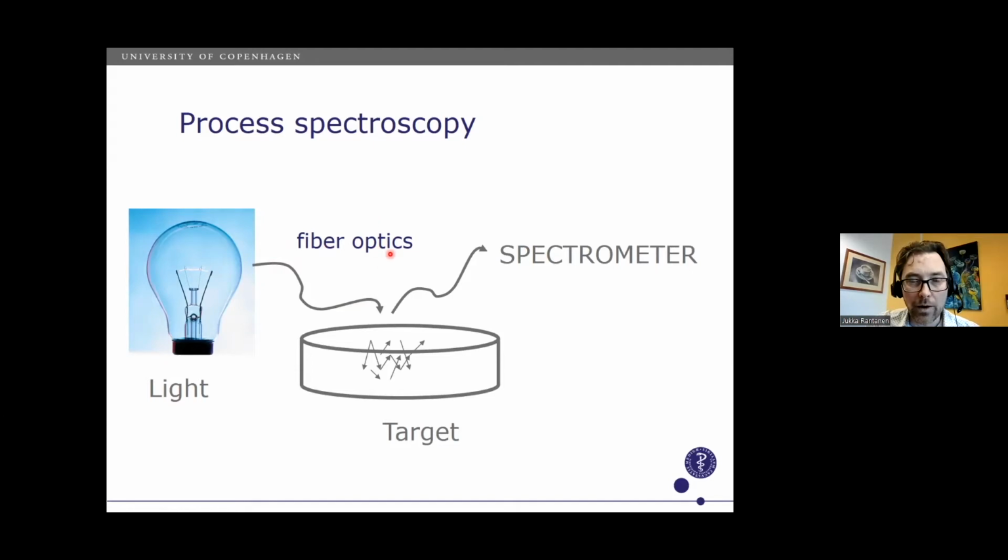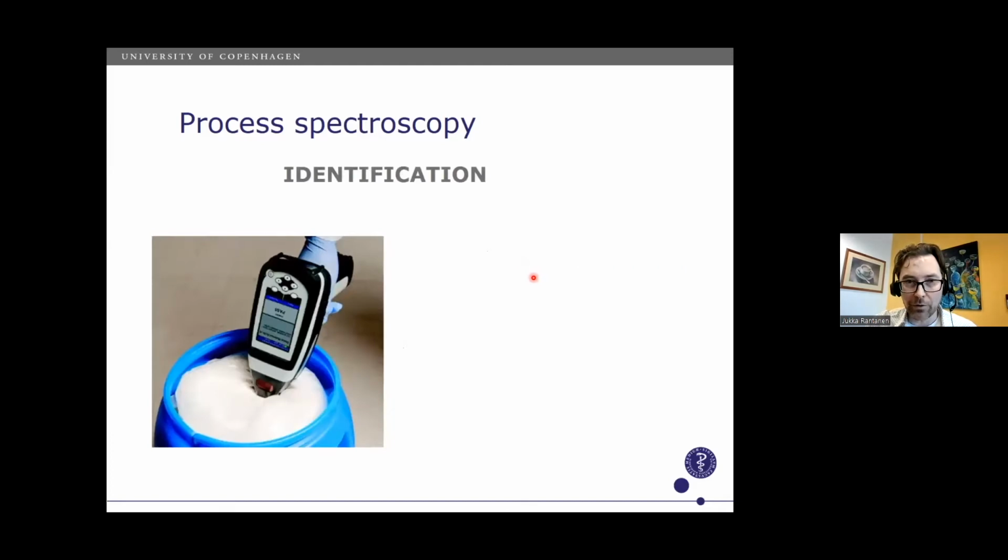When you are doing this, you need to consider the optics at the end of the fiber optic. So you have a spectroscopic probe that is in contact with your material, illuminating the sample, and then you collect the light back to the spectrometer. I have a few examples of those later on.